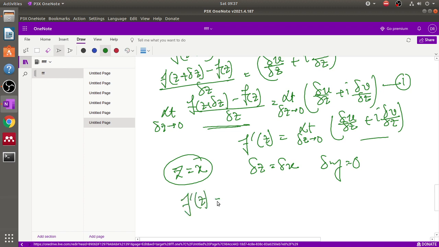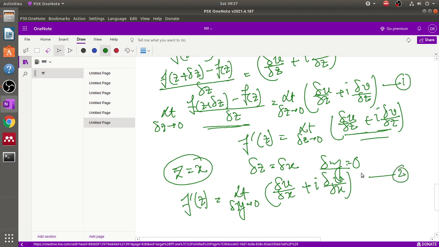Now f dash z is converted to the limit as delta x tends to 0, with respect to x only, so it is represented by this equation. This is equation number 2.